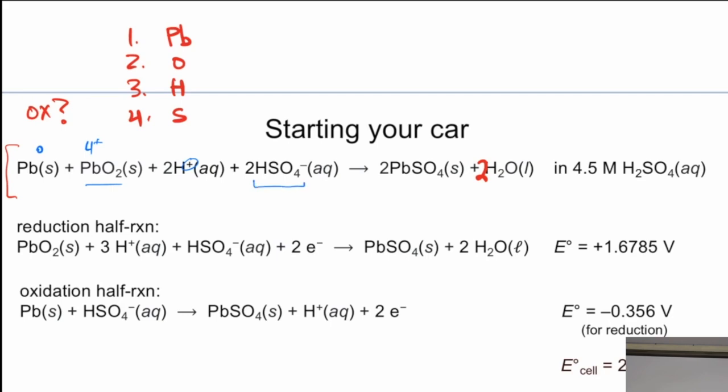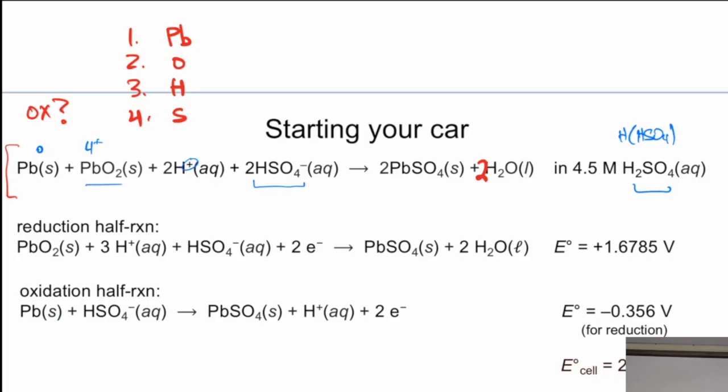This is a little tricky. This is the hydrogen sulfate polyatomic ion. It's staying as a polyatomic ion. It's over here also in sulfuric acid. So the sulfur isn't going to change at all, because really the polyatomic ion isn't changing at all. This is the same as HSO4.